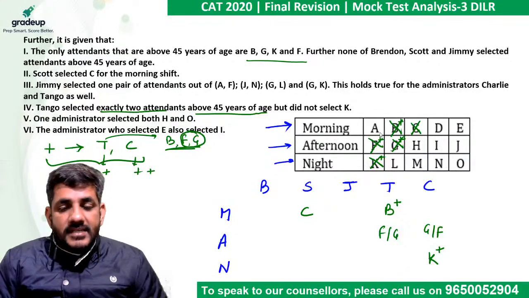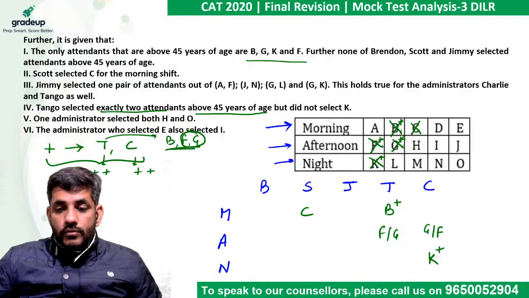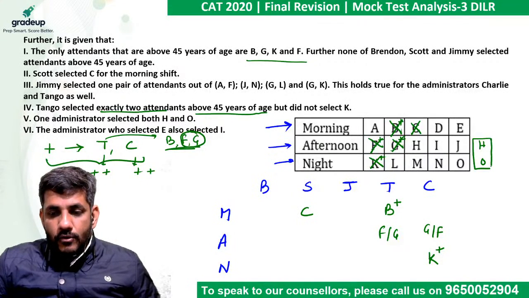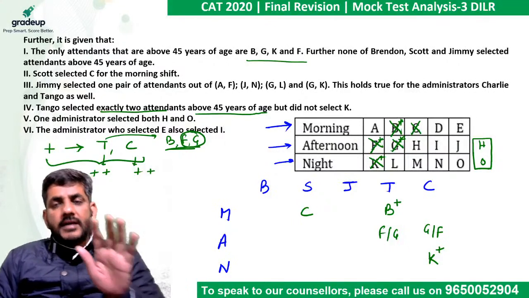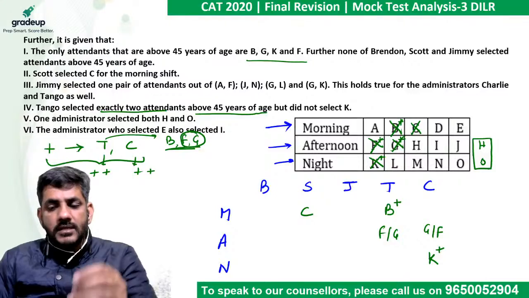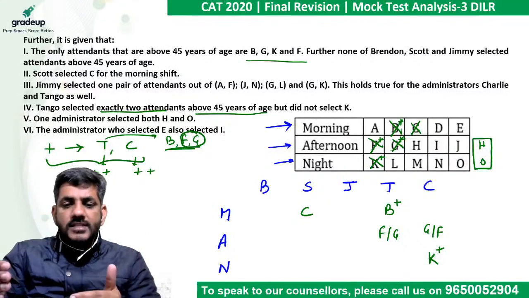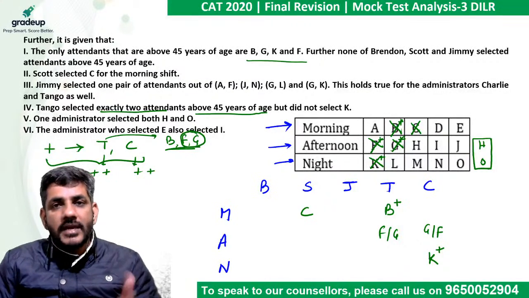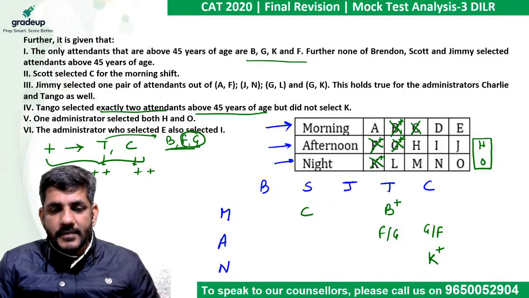One administrator selected both H and O. So basically whoever selects H, the same person would select O. So H and O will come together. I can surely say that person is not Tango. That person is not Charlie. Because H and O are selected in the afternoon and night slot. H and O cannot come in the afternoon and night for Tango and Charlie. Right?